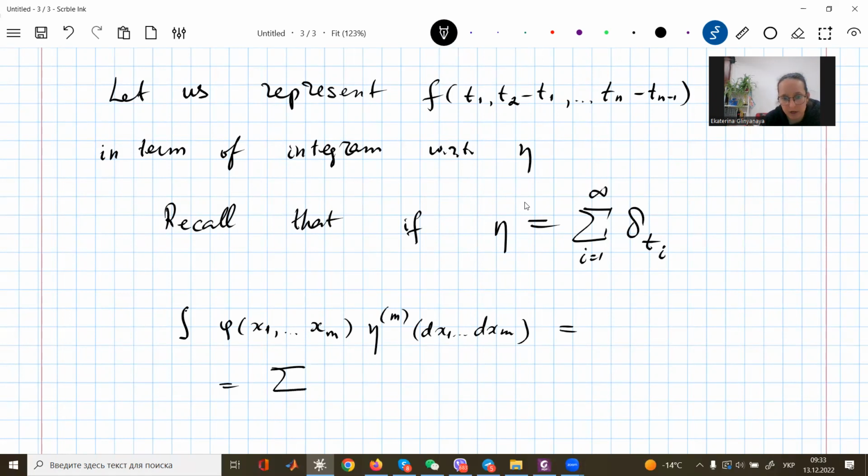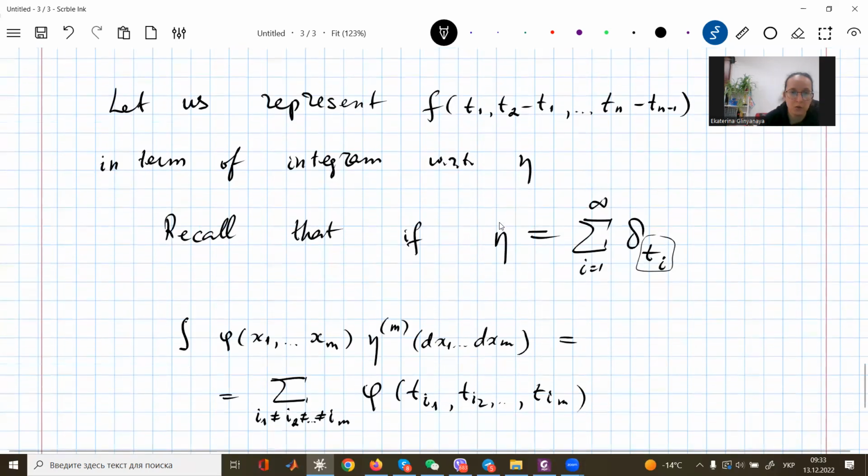This is just the summation over non-equal indices i1, ..., im, and here I write these random points, phi of t_i1, t_i2, and so on up to t_im.